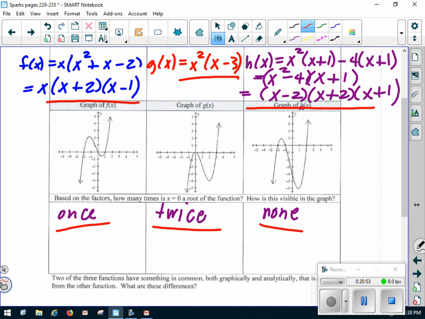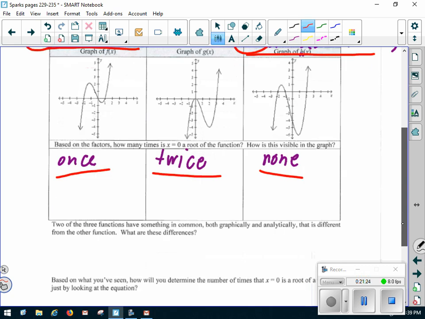Because if x is a factor, then x equals 0 is a root or a zero. What's the exponent on that x right there? What's the exponent on that x right there? Those first two had a GCF of x to some power, didn't they? That's how you know if x equals 0 is a root: if you have a GCF of x to a power.